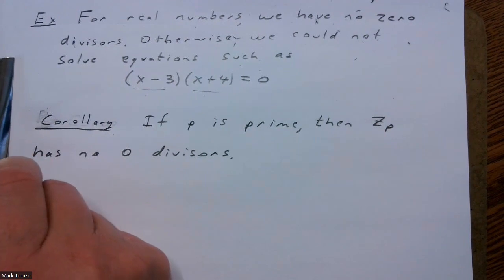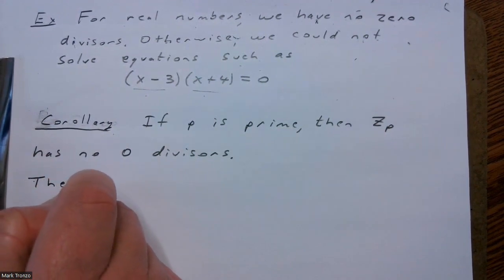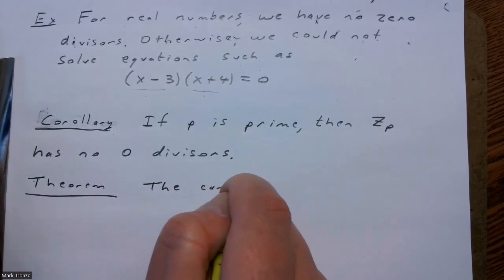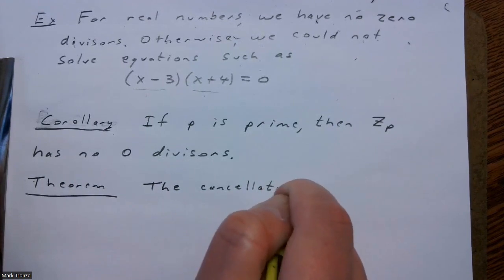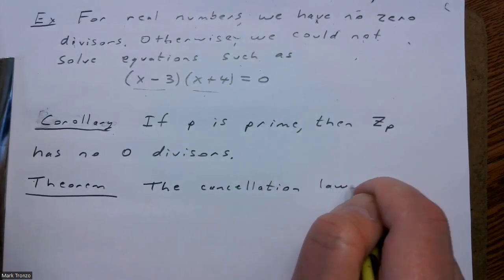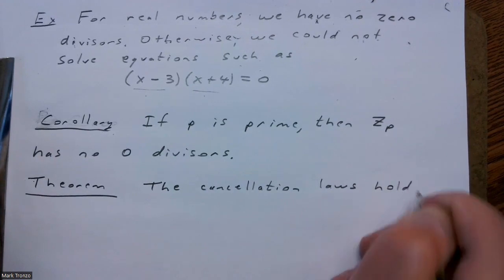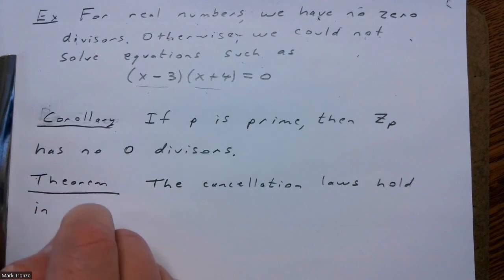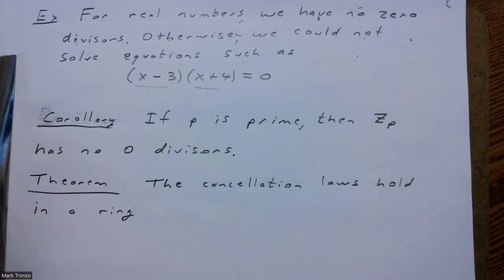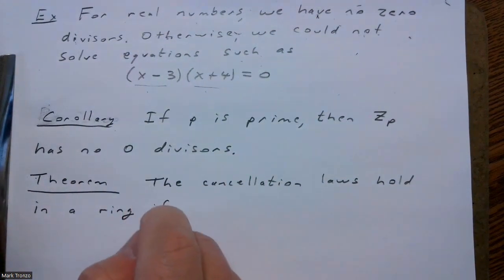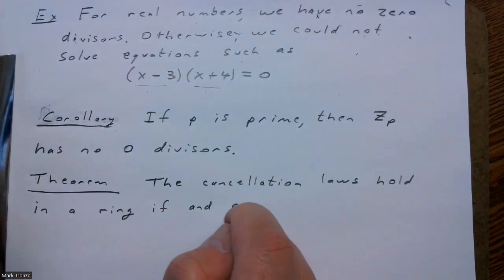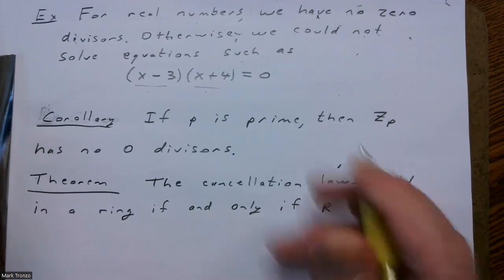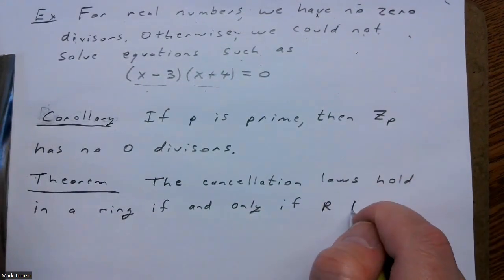And one more thing is, a lot of these we won't have time to prove, but the cancellation laws hold in a ring if and only if R has no zero divisors.